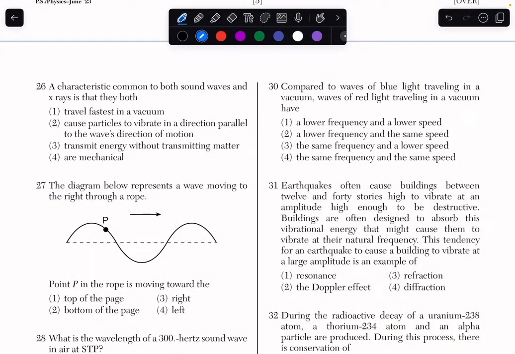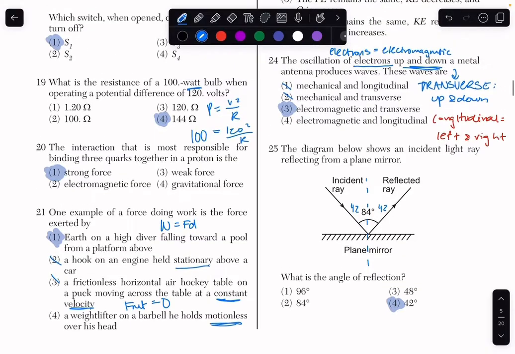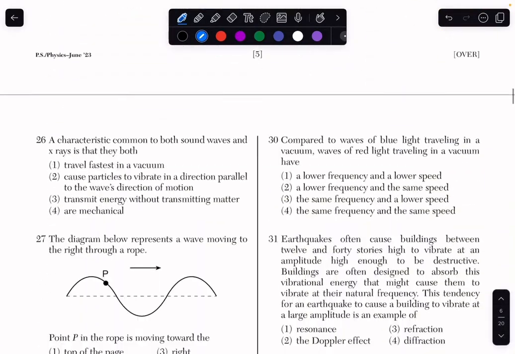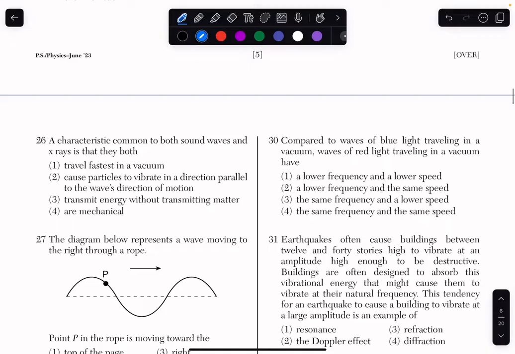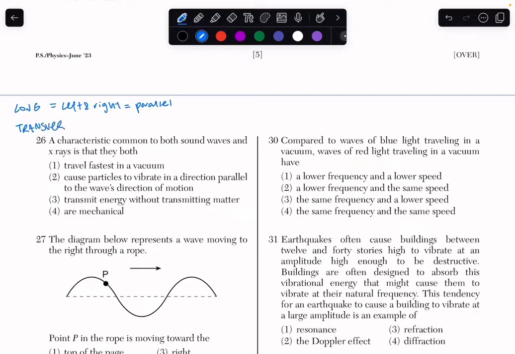So, parallel. What we said up here about this whole transverse, longitudinal, left and right thing, it also applies to this. A longitudinal wave, the one that goes left and right, that's a parallel wave. So I'm just going to say longitudinal equals left and right, which also equals parallel. Remember that. While transverse is up and down, which is perpendicular, right?